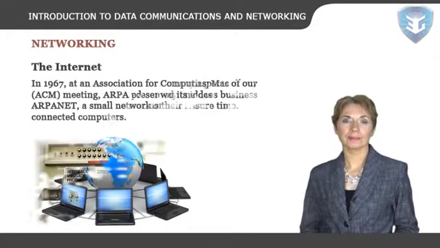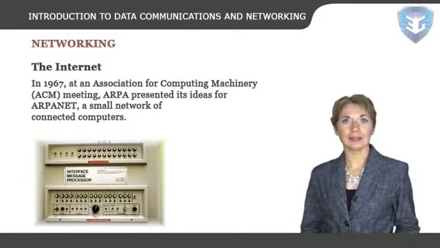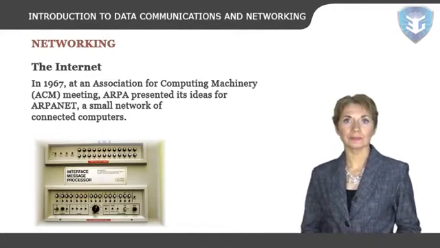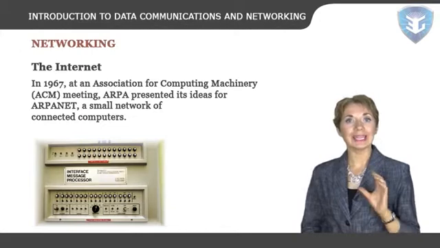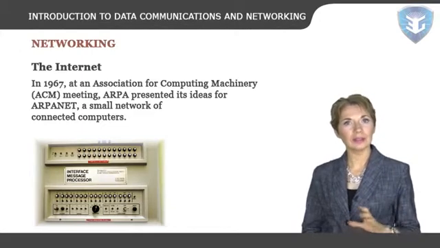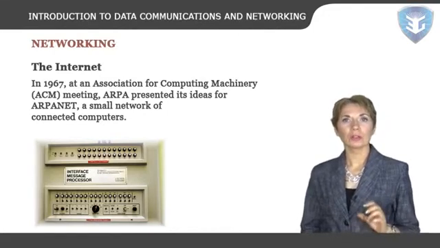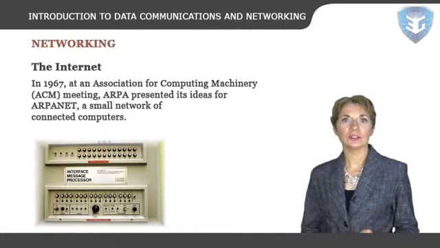In 1967, at an Association for Computing Machinery, or ACM, meeting, ARPA presented its ideas for ARPANet, a small network of connected computers. The idea was that each host computer, not necessarily from the same manufacturer, would be attached to a specialized computer called an Interface Message Processor, or IMP.